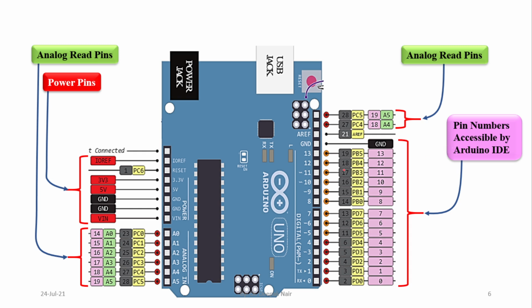Arduino IDE is the software which will be used to write code for the Arduino boards. So if you have to directly point to a pin, then we can write 0, 1, 2, 3, 4, 5 up to 13 to directly point to these pins which are shown on the right side.